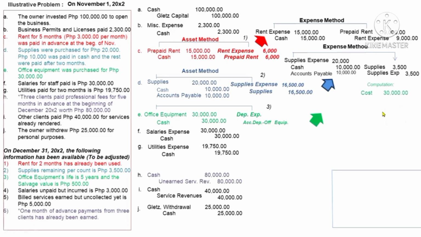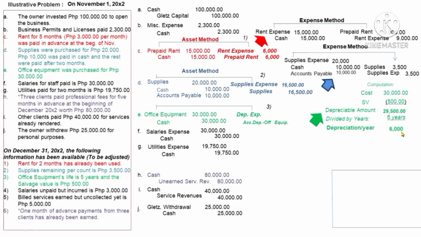After that, you need to deduct the salvage value, so we have 500. So the depreciable amount related to this problem is 29,500. After that, you need to divide it by the years of useful life, which is 5 years. So we're going to get the depreciation per year of 6,000.